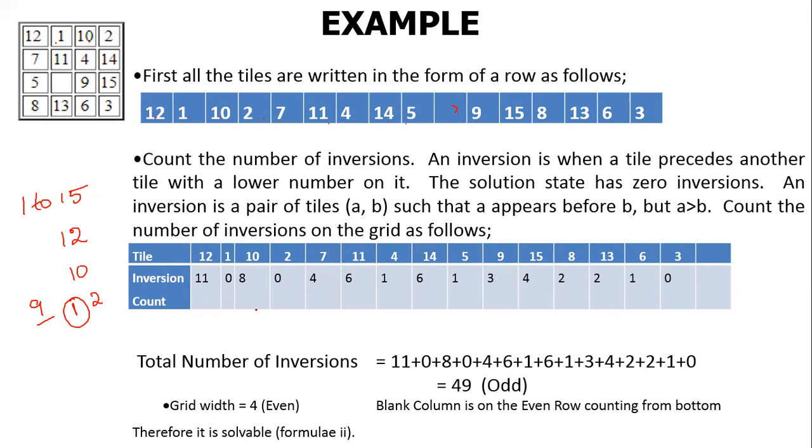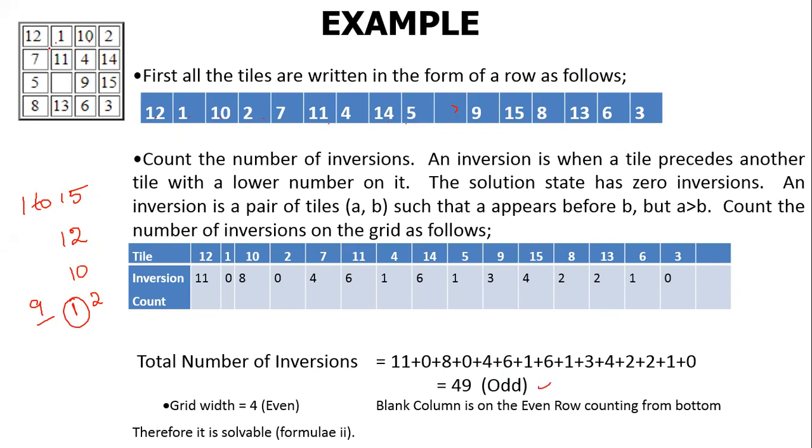In the same way, you need to write all the numbers here. While calculating inversions, the empty space moves to the last position. After that we add all the inversions. So here the inversions total is 49.